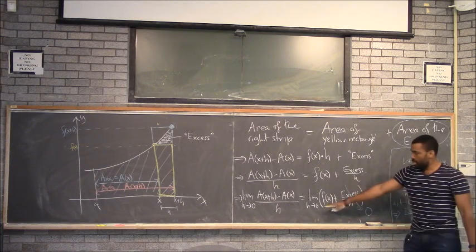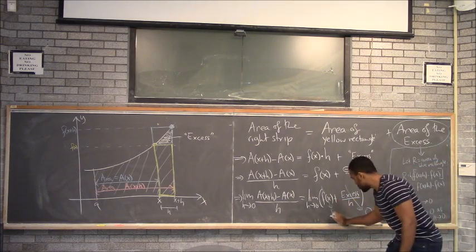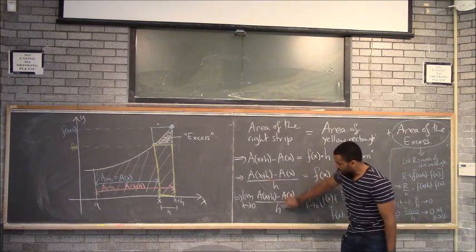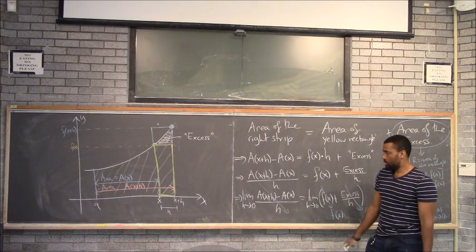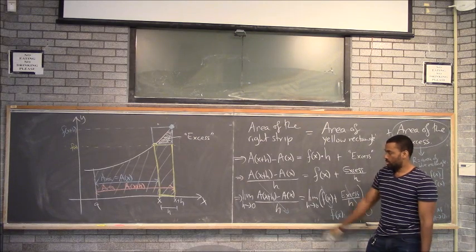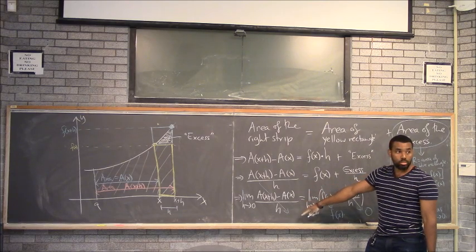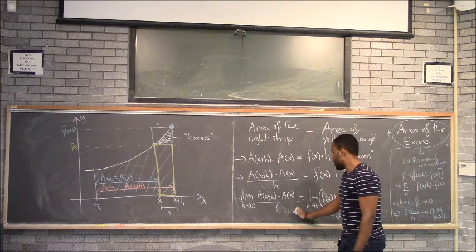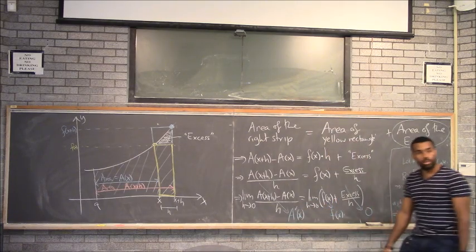As h approaches 0 of f of x, what's going to happen? Well, nothing. There's no h there. So that just approaches f of x. What does this guy approach? The limit as h approaches 0 of A of x plus h minus A of x over h. Yeah? A prime. That is another way of writing the derivative.